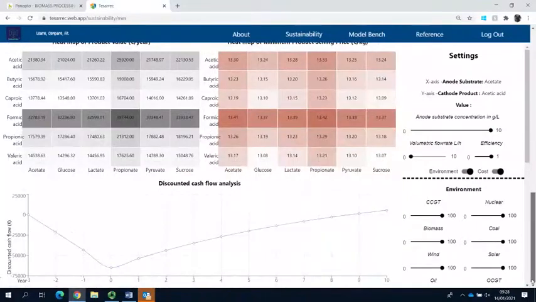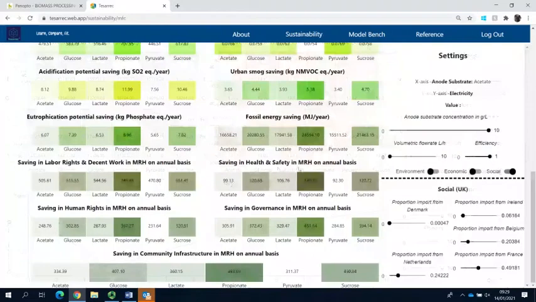Furthermore, in other modules, you would find social life cycle sustainability assessment comprising labor rights and decent work, health and safety, human rights, governance, and community infrastructure as the main criteria to compare against the base case.